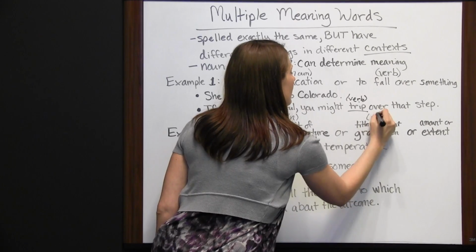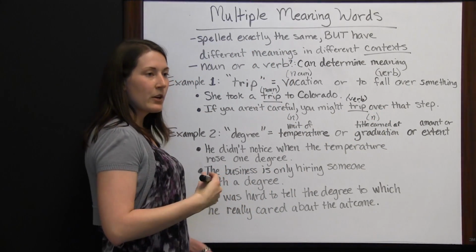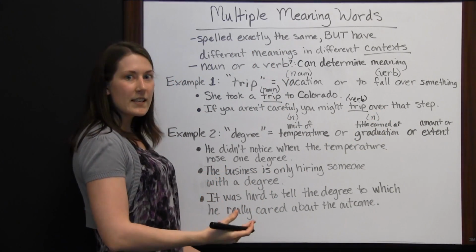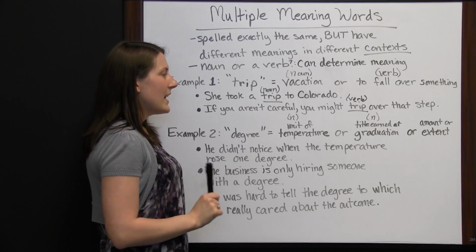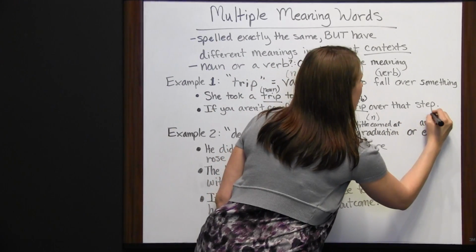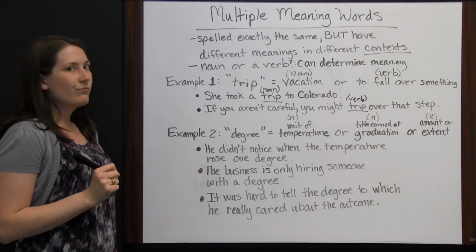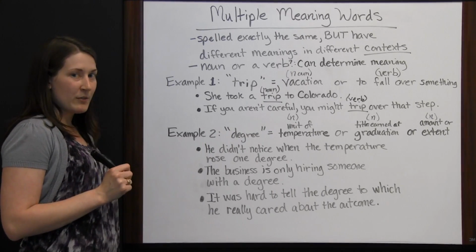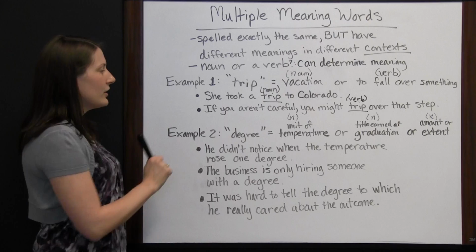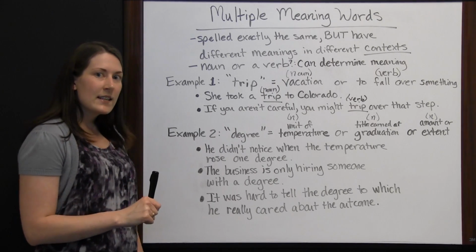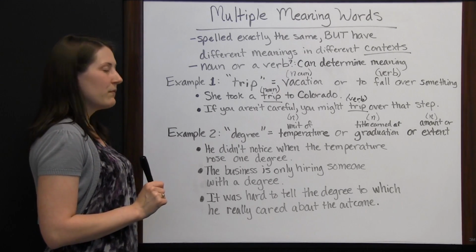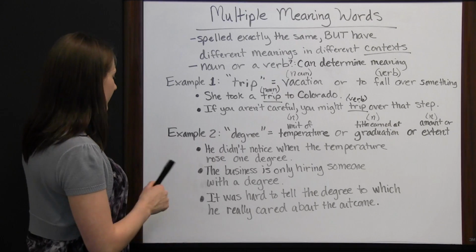A title earned at graduation, if you earn a degree in astrophysics, that is a noun. Or the amount or extent of something is a noun. So finding the part of speech won't help you determine meaning with this particular example, but reading the sentence and using context clues can help you figure out which one we're talking about.